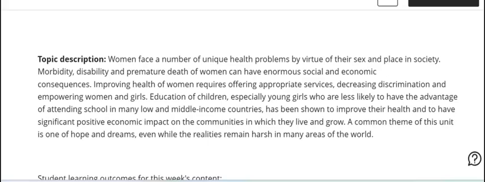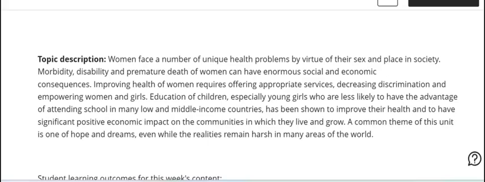So it's really essential that we look at ways to improve the health of women, offer appropriate services, decrease discrimination, and empower women and girls. And this is globally, including the U.S.